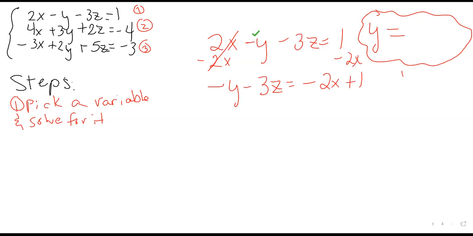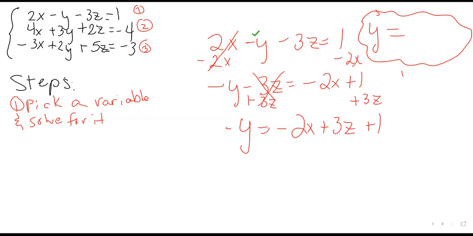So what's the opposite of the negative 3z? Positive 3z. So I add it to both sides. So now that one's gone. So that gives me negative y equals negative 2x plus 3z plus 1.